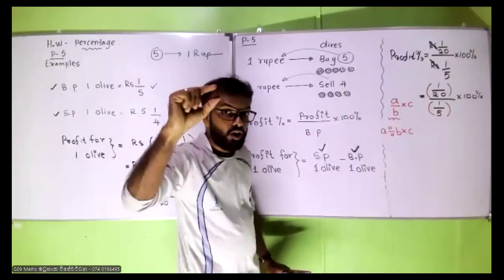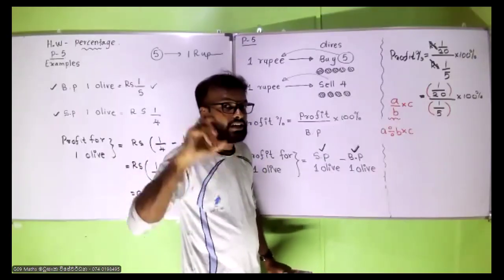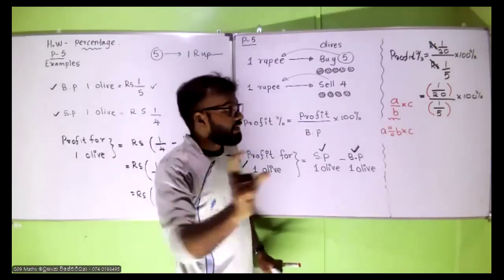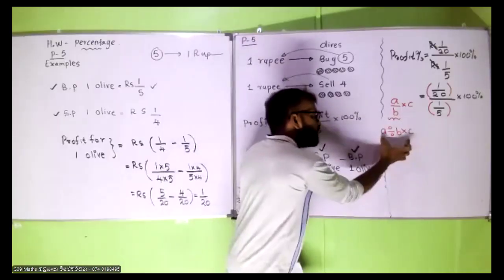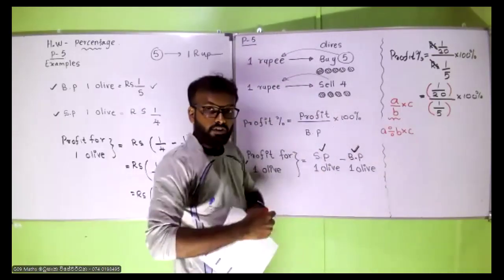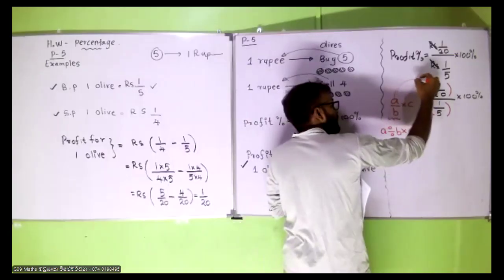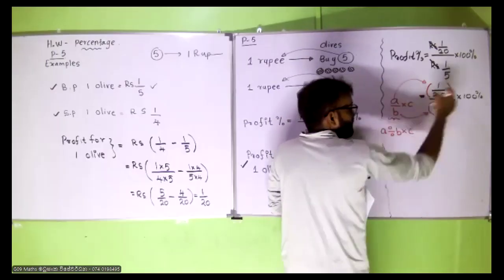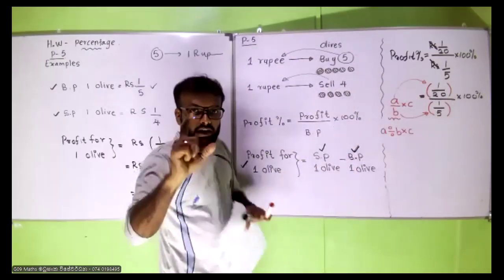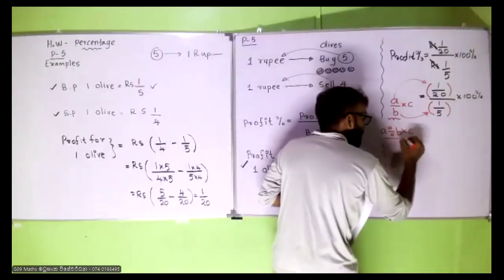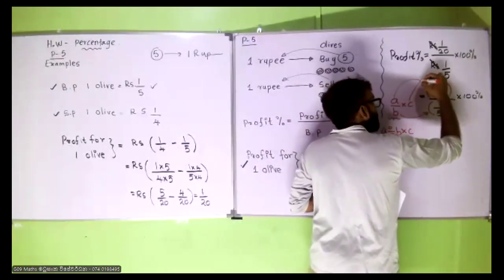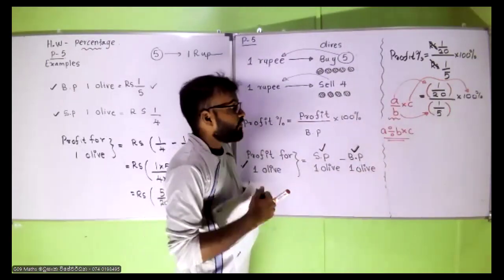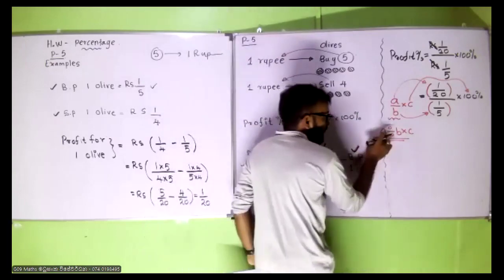That is the point that you do not know. Correct? So I can write the same thing in this manner. If A is my numerator, B is my denominator, C is my 100%, I can write it the same as this. So if A is 1 upon 20, A is here, right?